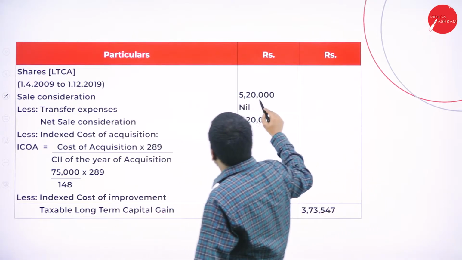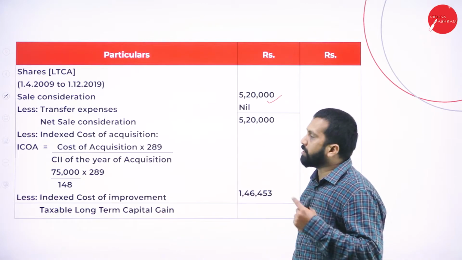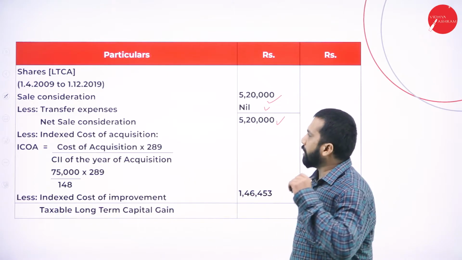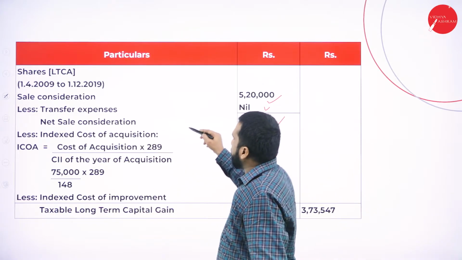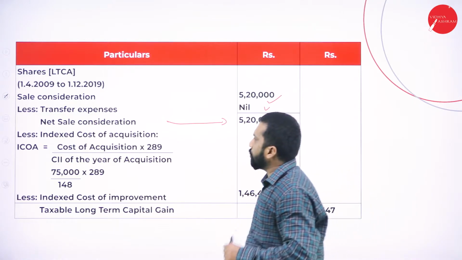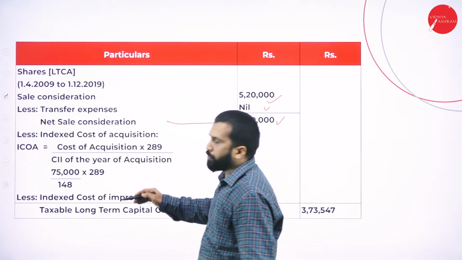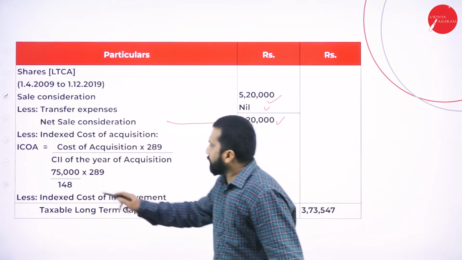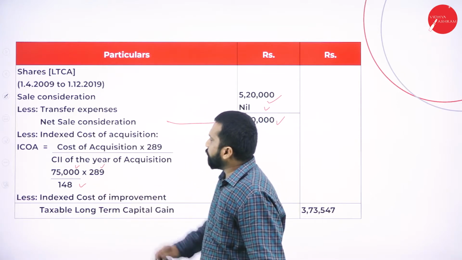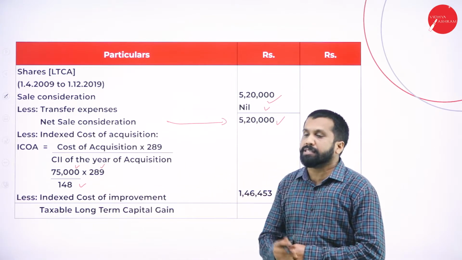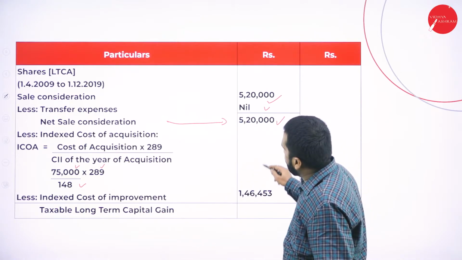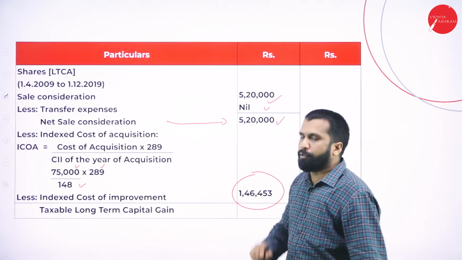Sale consideration, 5,20,000. What is the transfer price? Nil. Your answer is 5,20,000. Now, sale consideration is done. Less index cost of acquisition. Index cost of acquisition, if you go with the calculation, 75,000 multiplied with 289 divided by 148, your answer is 1,46,453.